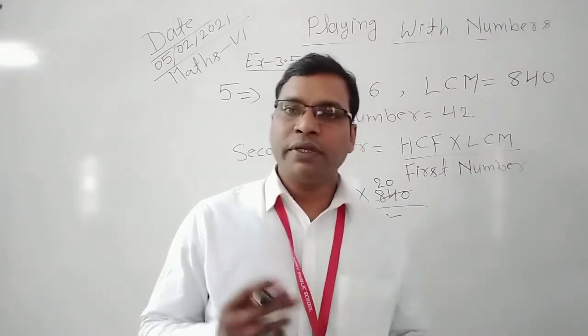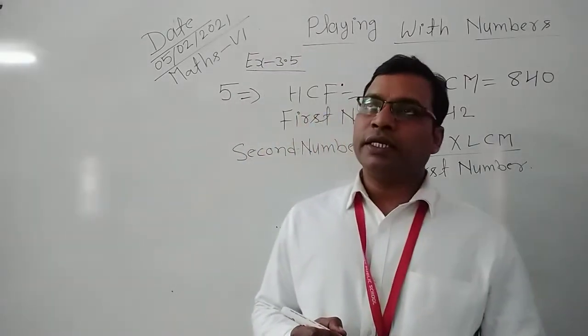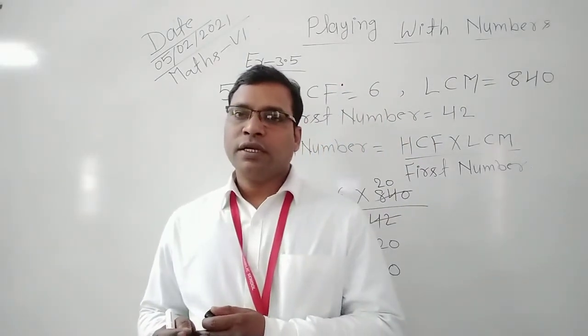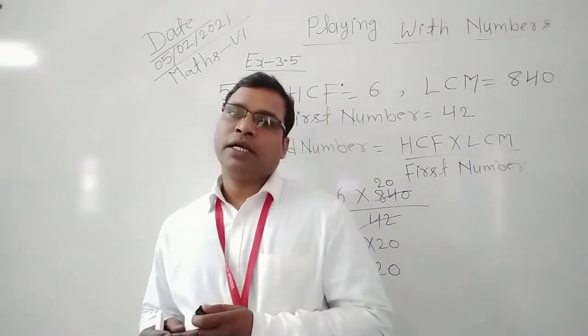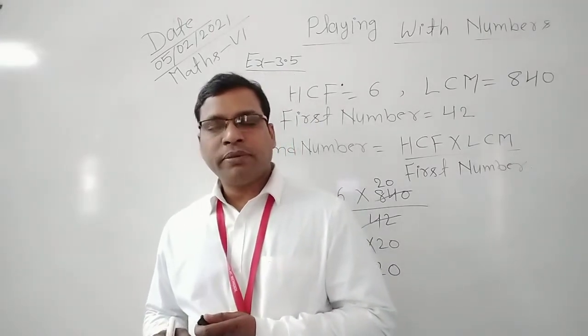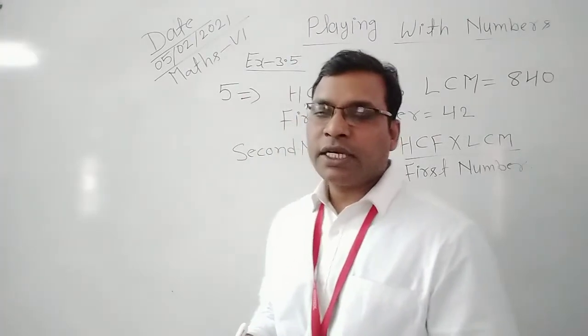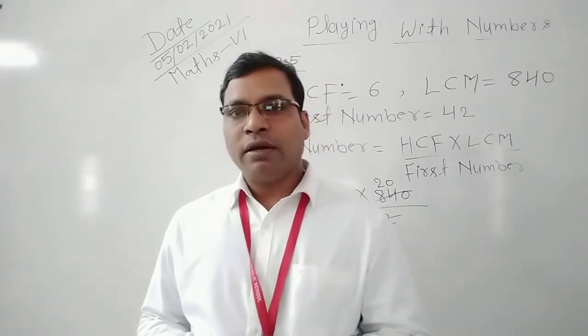Here we know very well the formula, or the relation, between two numbers and their HCF and LCM. Product of two numbers is equal to product of their HCF and LCM. So here HCF and LCM are given, and one number is given, so the second number is equal to the product of LCM and HCF of the numbers divided by the first number.